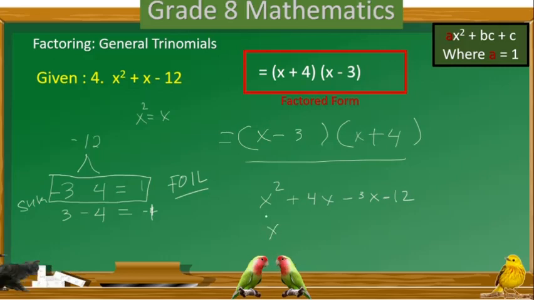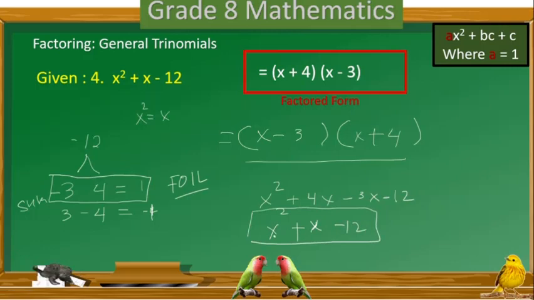Combine like terms, this is x squared plus x, then negative 12. So try to compare. They are the same. You can say that this answer is correct.